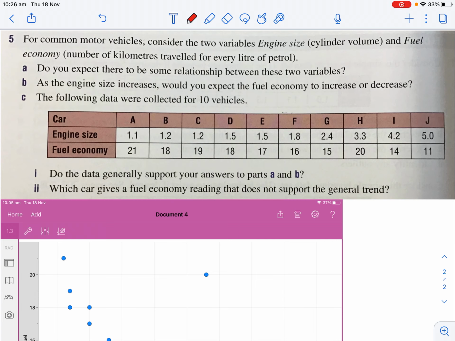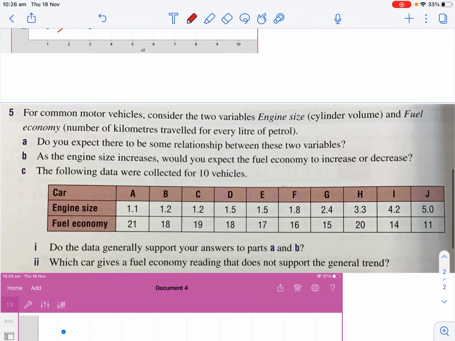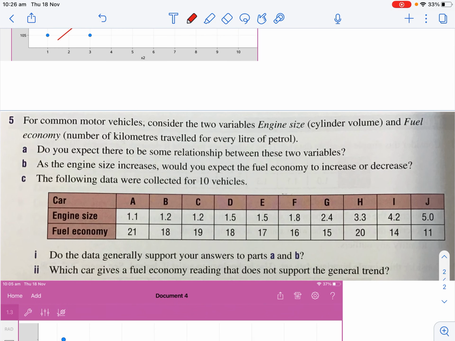That was number 5. For common motor vehicles, consider the two variables, engine size, cylinder volume, so how big the engine is, and fuel economy, number of kilometres travelled for every litre of petrol. Do you expect there to be a relationship between these two variables? I'll zoom down so you can't see the graph yet.